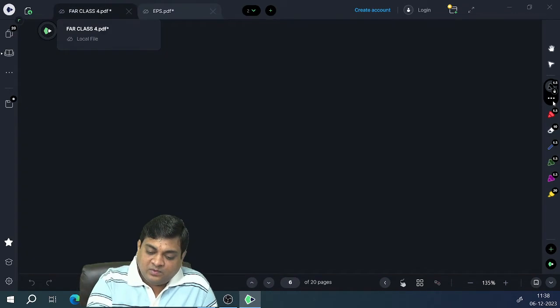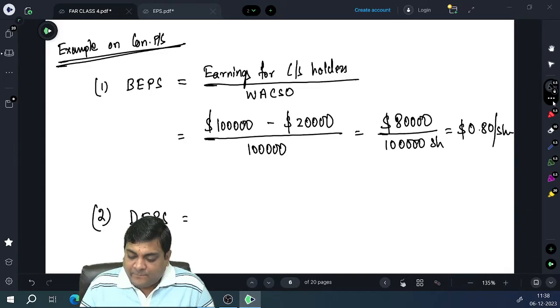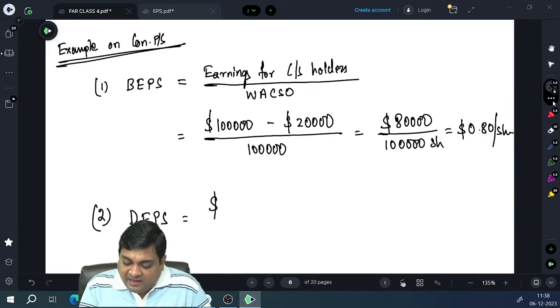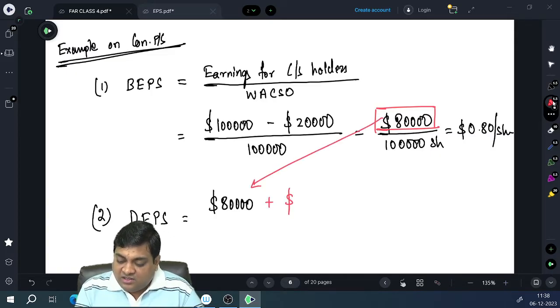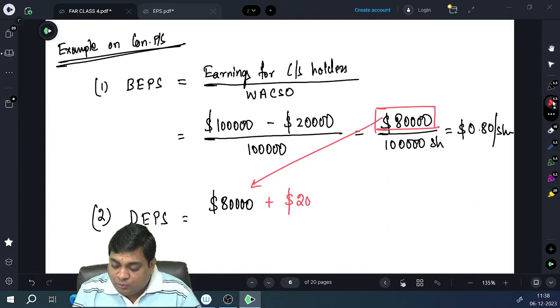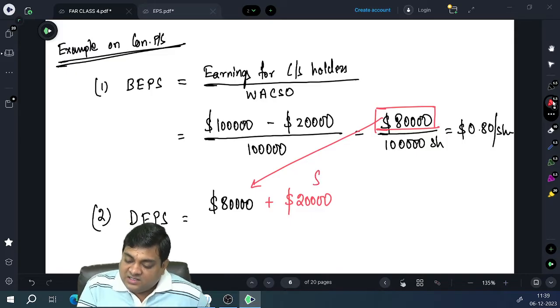Right. Now when we talk about diluted, this is the numerator for basic earning per share. This I am going to take, plus savings. If this convertible preferred stock is converted to common stock, then I am not supposed to pay this dividend. This is savings.